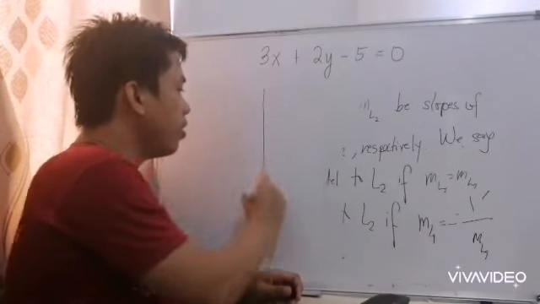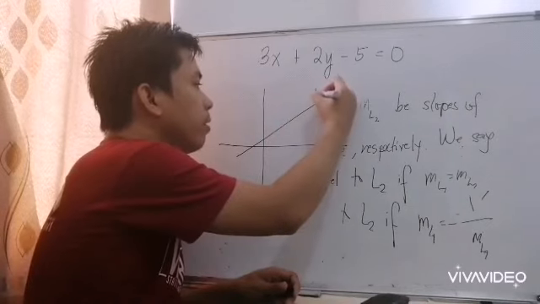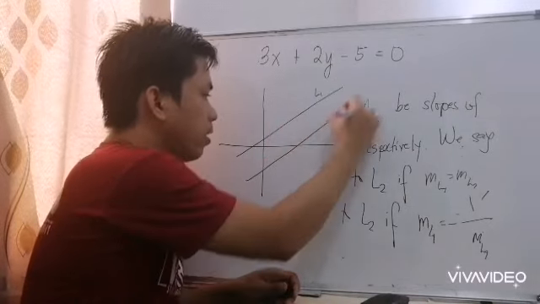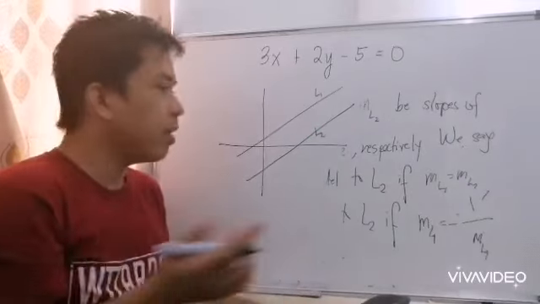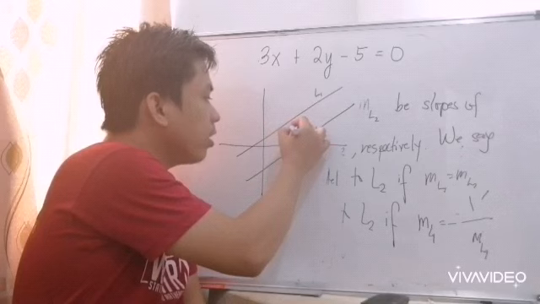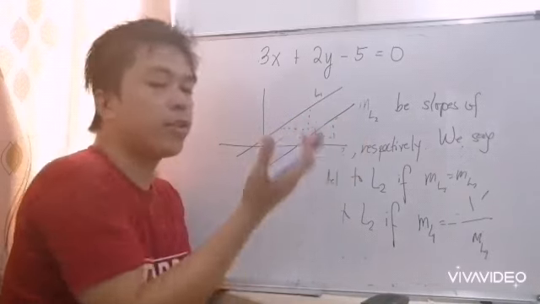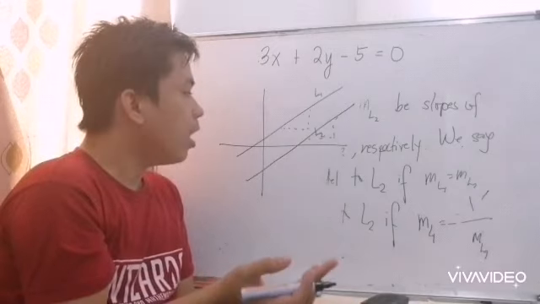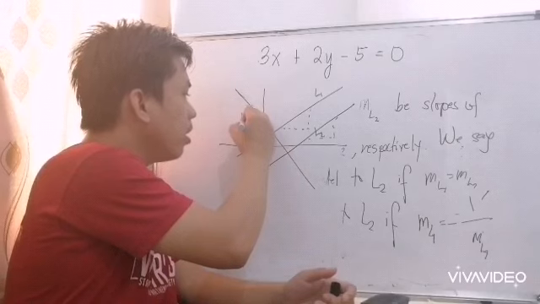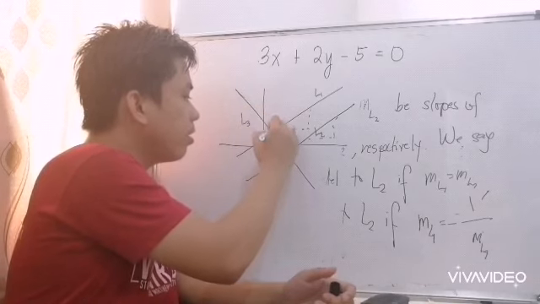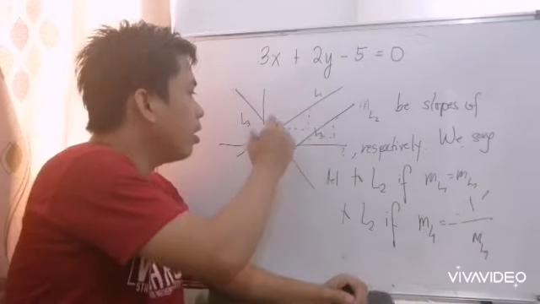So how do we picture this? If you are given a graph of a line here, this is L1, and another graph here, L2. If they are parallel, they have the same slope, because even if you compute the rise over run, they're equal. Now, say there's another line here, L3, which forms a right angle with L1.